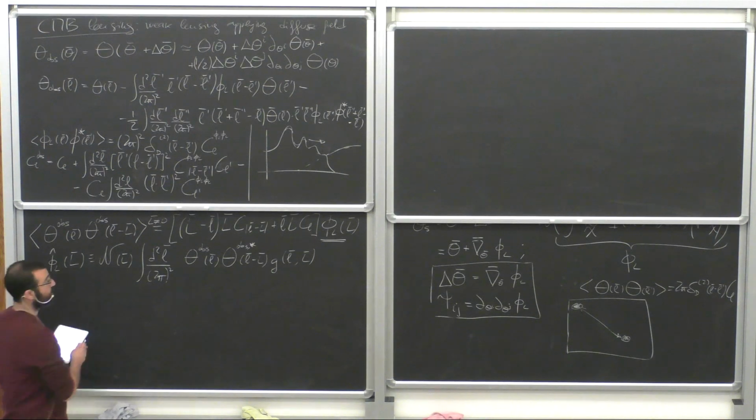And this is called a quadratic estimator, basically because it depends on these two factors.